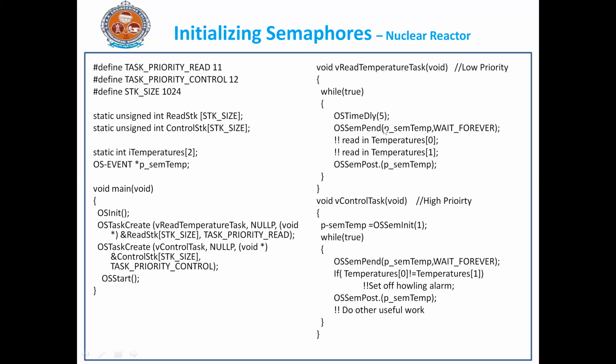Once the semaphore has been taken by this task, in between these two calls, the other task is also asking for the semaphore. If it didn't get the semaphore, the control will come back here, the high temperatures of 1 will be updated, and then it will release the semaphore. Only after releasing the semaphore can the V control task get it.